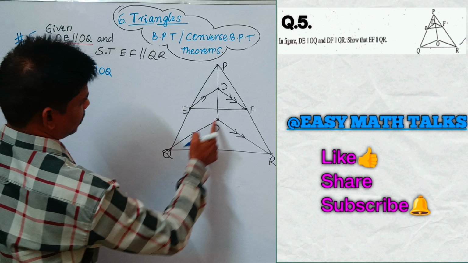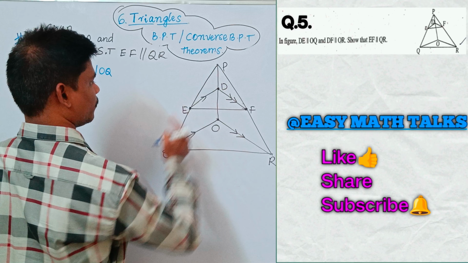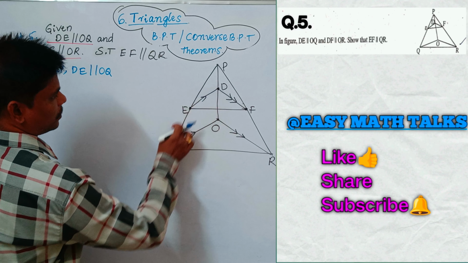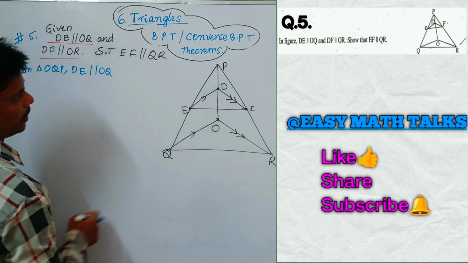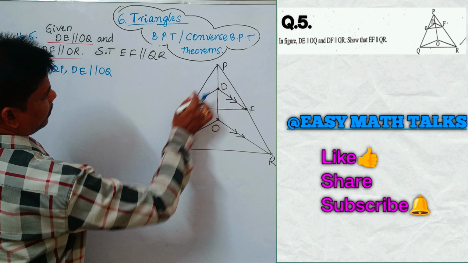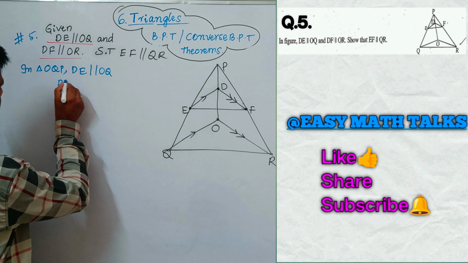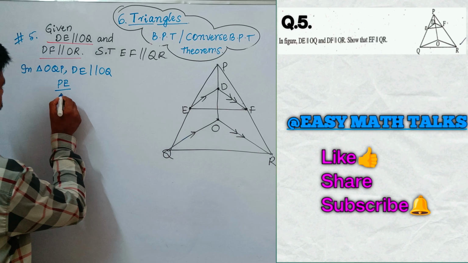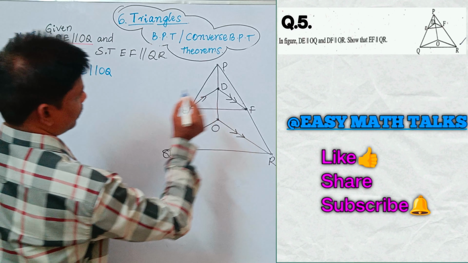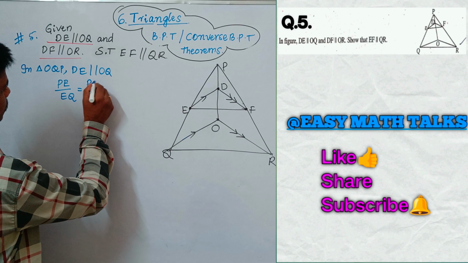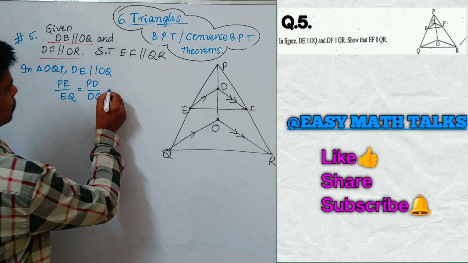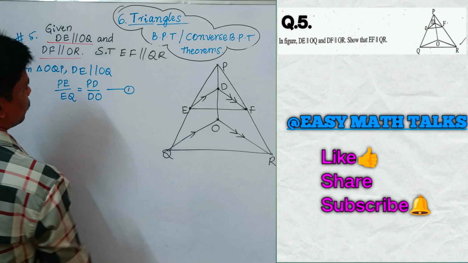Whenever these two lines are parallel, these ratios are equal. So PE by EQ is equal to PD by DO. Take this as equation 1.